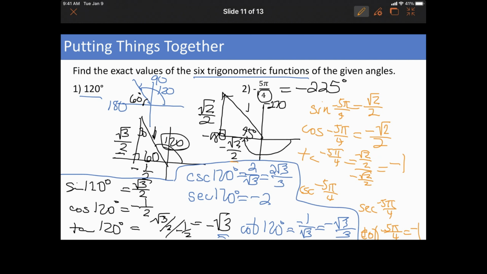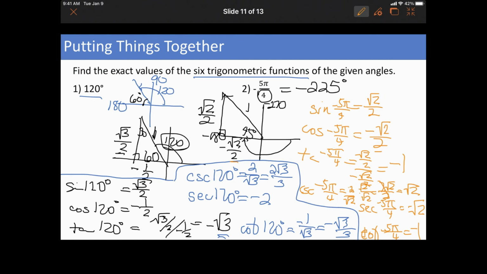All right, the reciprocal of √2/2 is 2/√2. When you simplify it, it gets a little complicated. So it's 2√2/2, which simplifies to √2. And I know that will happen the same for this one, so it's going to be just -√2. And that'll happen every time when you have √2. When you take the reciprocal, it's going to be √2.